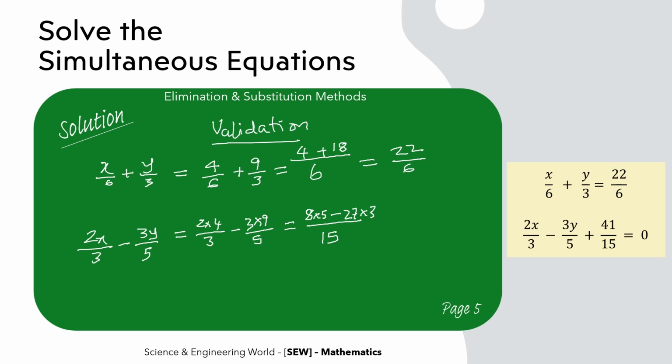And this gives us 40 minus 81 over 15. 40 minus 81 over 15 will give us minus 41 over 15.